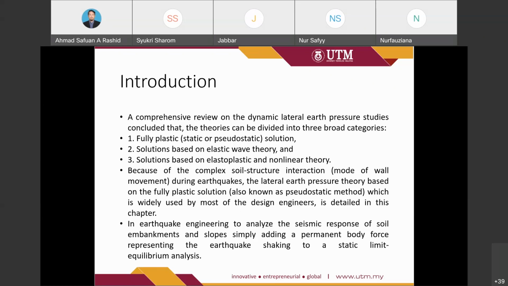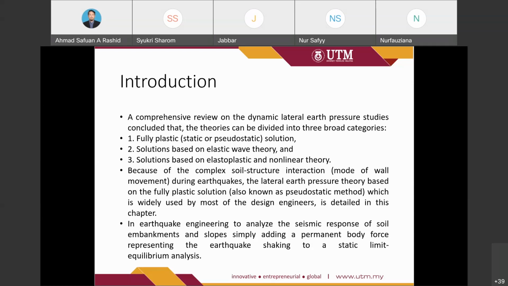So in that case, we review again the static lateral earth pressure equation, and then some improvements have been made to cater for what we call the dynamic loads.